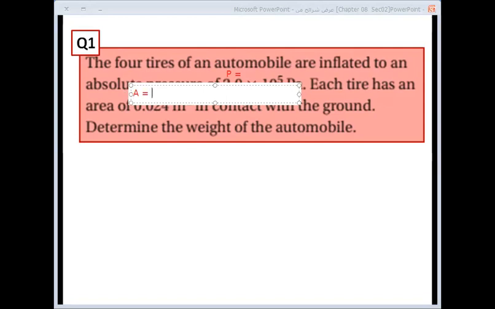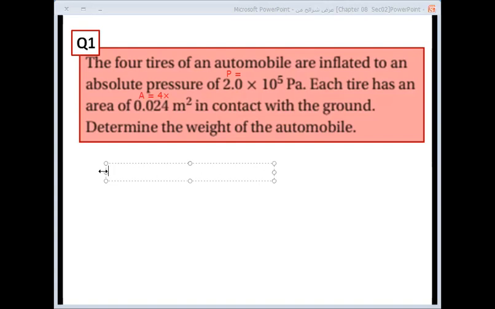The area equals 4 times this value, 4 times 0.24 meters squared. Okay, Amir, so now we have the pressure and the area.